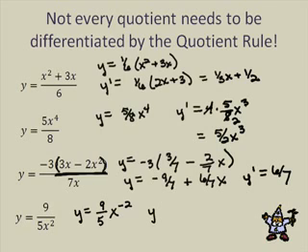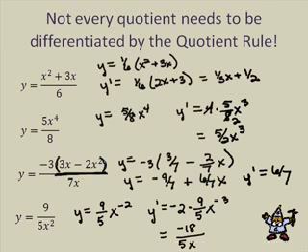So then for the derivative, we do negative 2 times 9/5 x to 1 less power. So it looks like, when we simplify, we're going to have negative 18 over 5x to the third as the derivative.